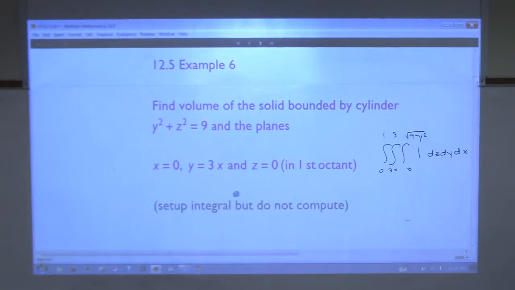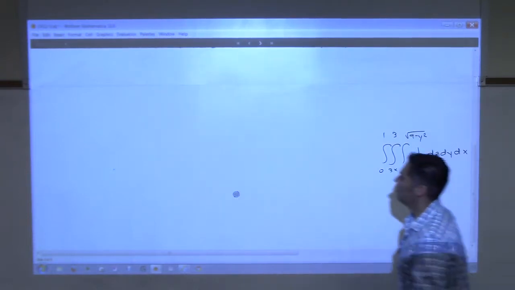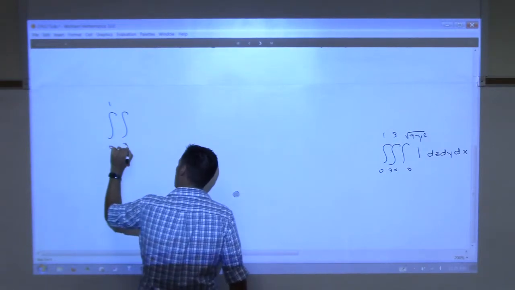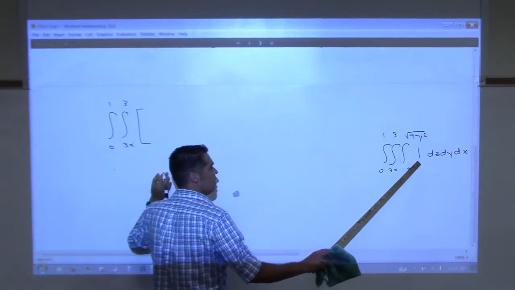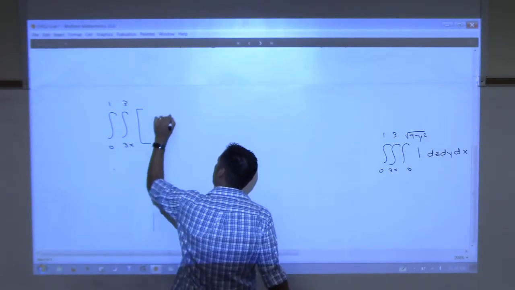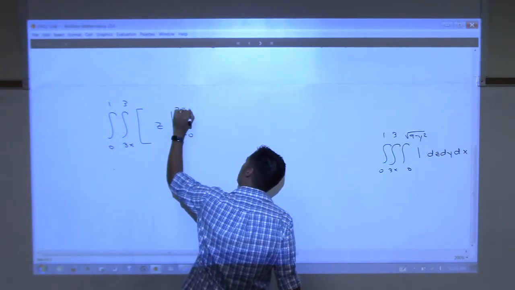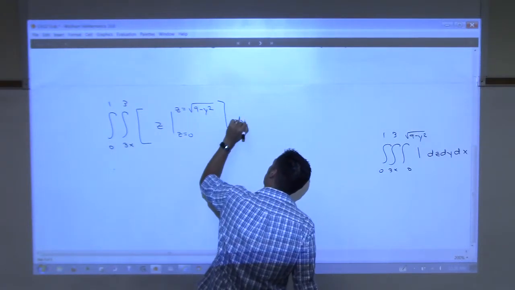So let's walk through it a little bit. As you can see here, I say set up the integral but do not compute, and that's because you're about to see how this integral looks. Let's do the antiderivative. The antiderivative of 1 with respect to z is just z, evaluated from z equals 0 to z equals square root of 9 minus y squared, and then I integrate with respect to y, then x.